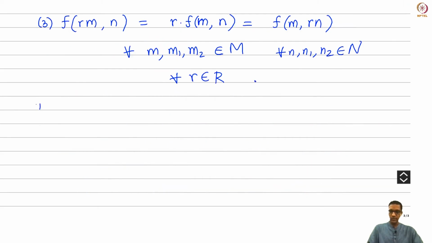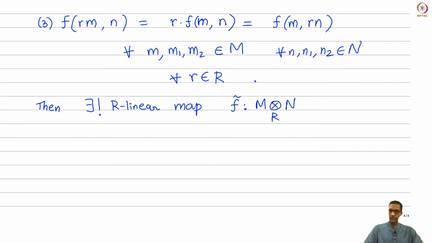Then what does the proposition say? It says there exists a unique R linear map, let's call it f tilde, from M tensor N over R to K, such that the diagram commutes. So what diagram commutes?